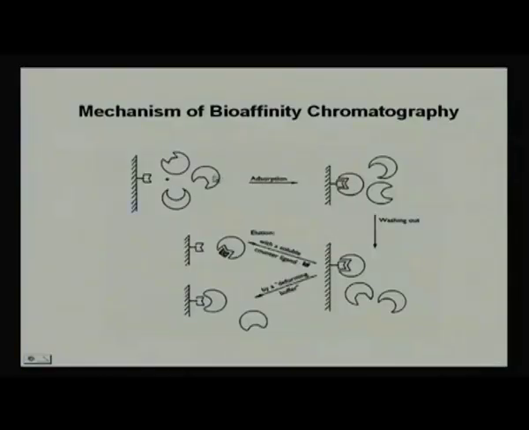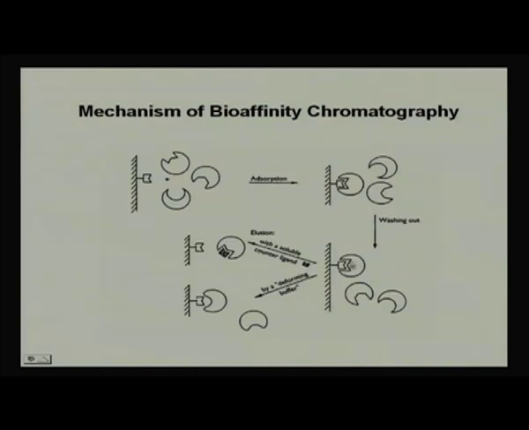Here you see different types of proteins are there, but a particular protein which has the counterpart will come and get associated with the ligand, and other molecules will just pass out, washing out of this column. So this bound protein is retained and other proteins are coming out of this column.